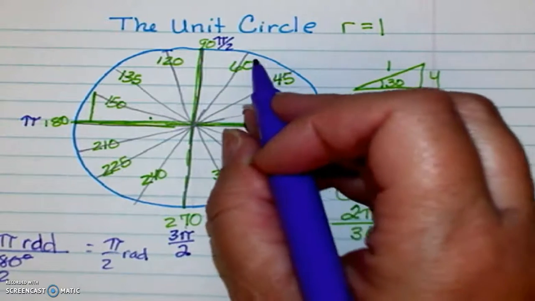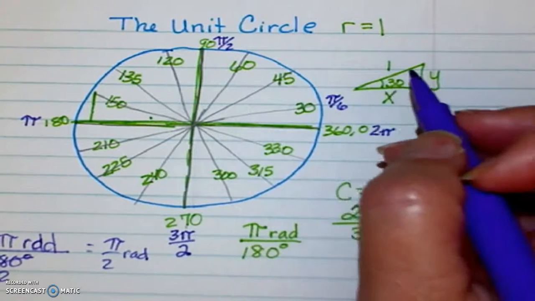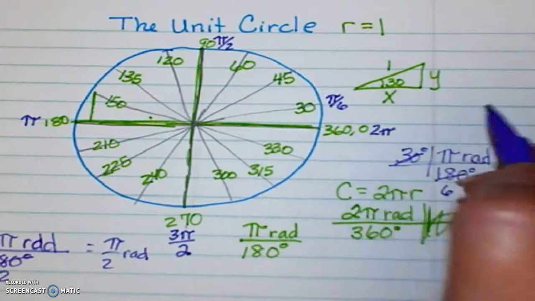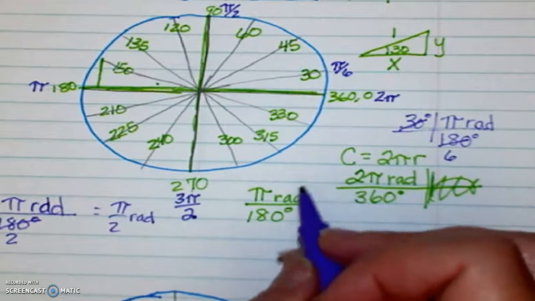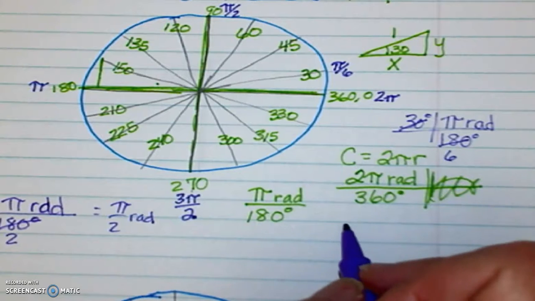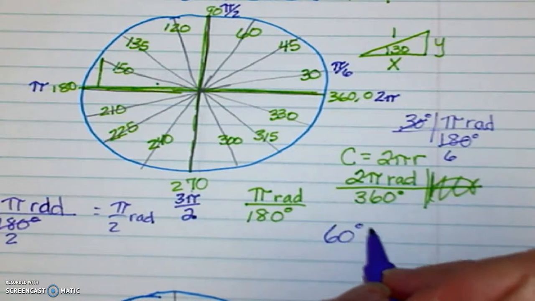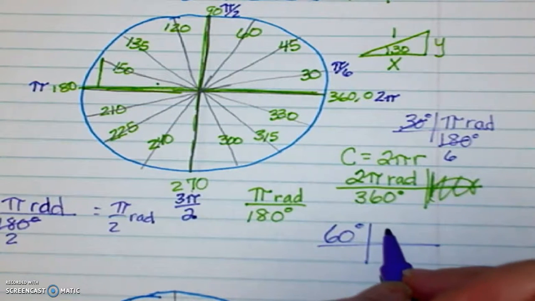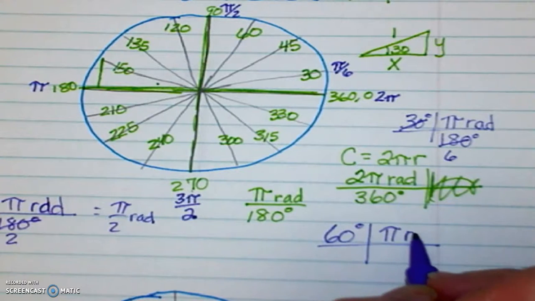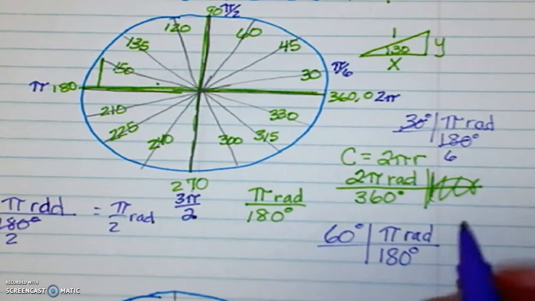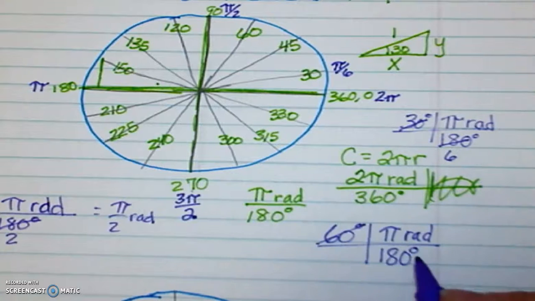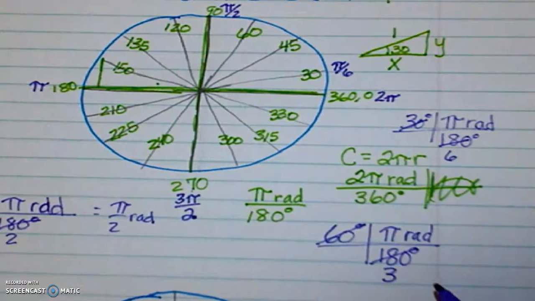I go another 30 degrees, and I could talk about 60, or I could just keep adding pi over 6 for every 30 degrees. If I talk about 60 degrees and want to convert it to radians, pi radians is 180 degrees, and 60 goes into 180 degrees 3 times, so it's pi over 3 radians.